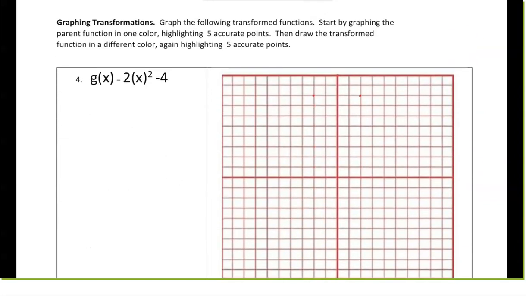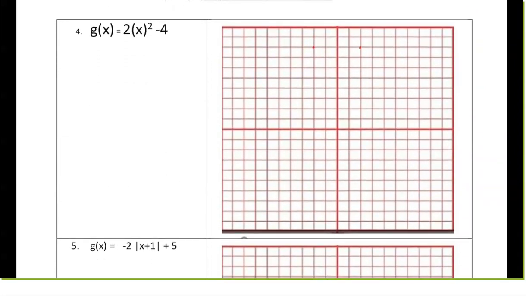Okay, so now we're going to do our graphing. So I'm going to have you graph your parent function by first identifying it. Okay, there's my parent function. So here I have this, and I have -2, 1, 2, 3, 4. +2, 1, 2, 3, 4. There we have it.